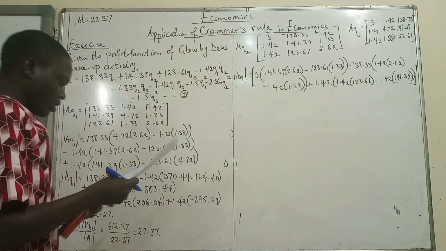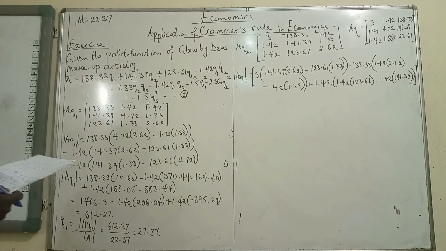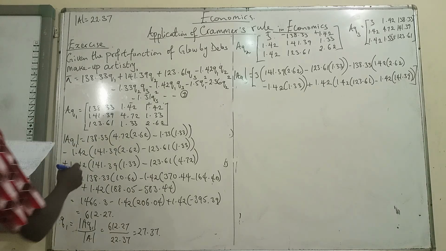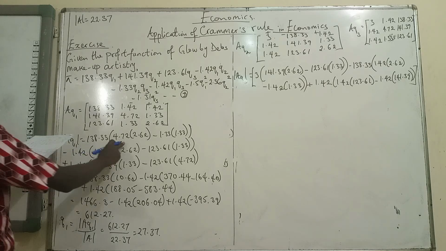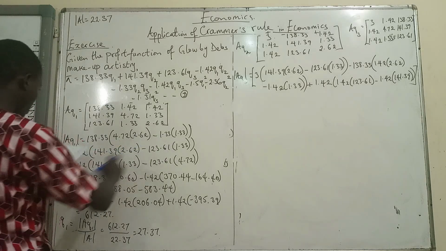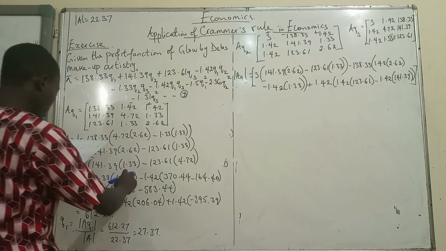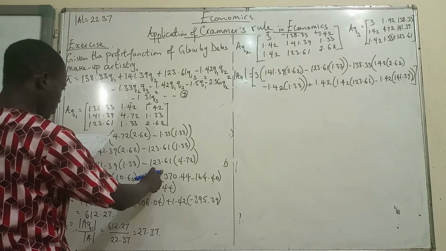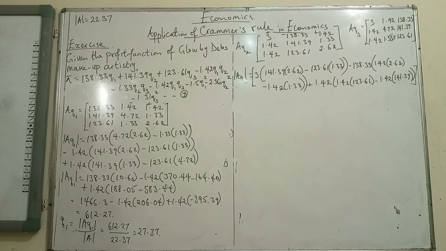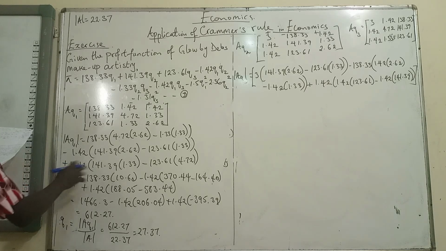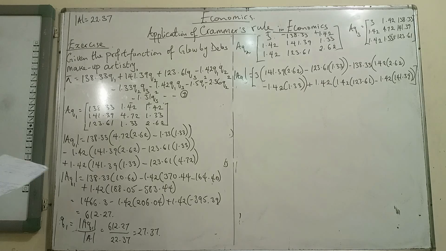Let me cross check. For AQ1 we had 138.33 into brackets, this minus this, then minus 1.42 into brackets, then minus 123.61 brackets. I just want to be sure that we are not wrong.